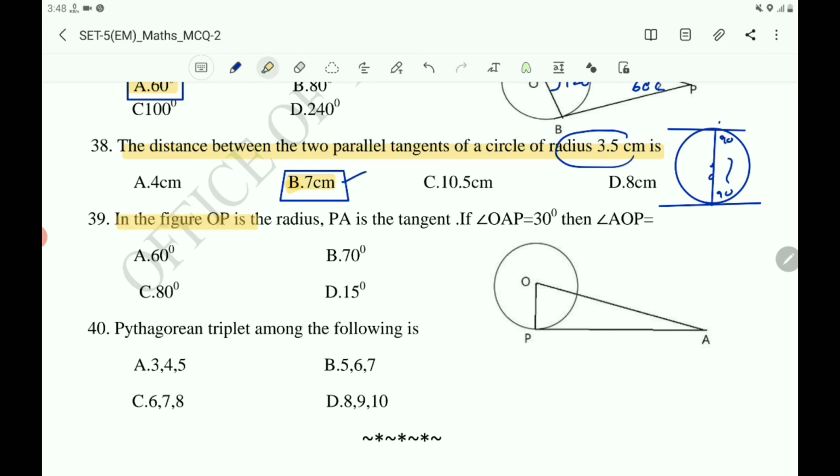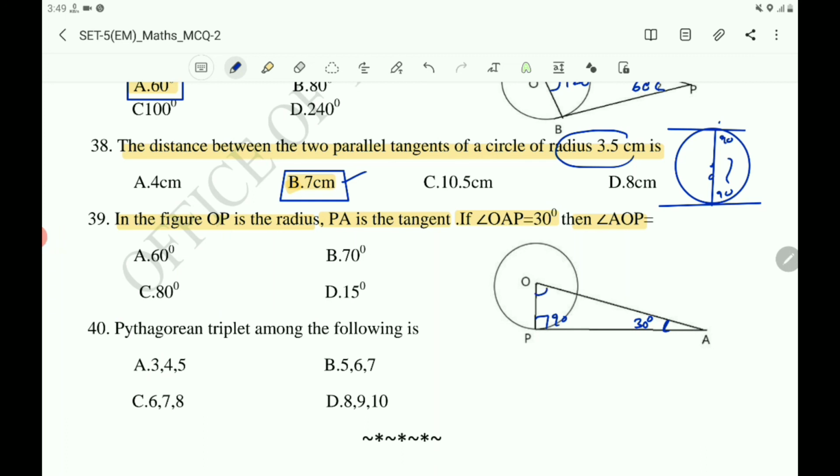In the figure, OP is the radius, PA is the tangent. If angle OAP equals 30 degree, then angle AOP equals. Here you note down the measurement of this angle, that is 90 degree, and OAP is given, that is 30 degree. Here you use the angle sum property of the triangle.